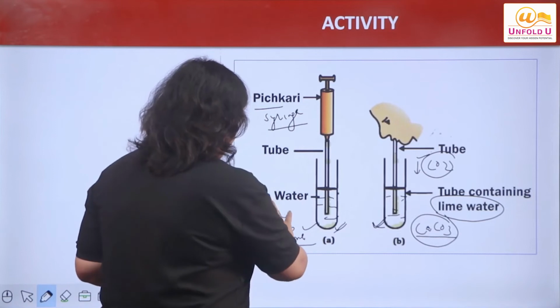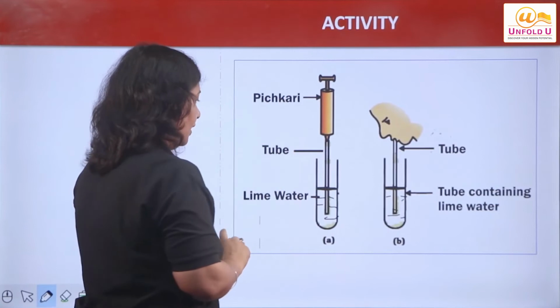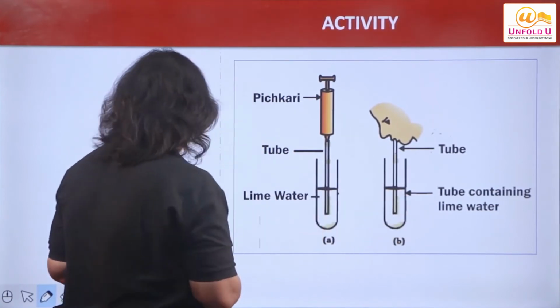Right? So this experiment proves that what we have exhaled out from our mouth was carbon dioxide.